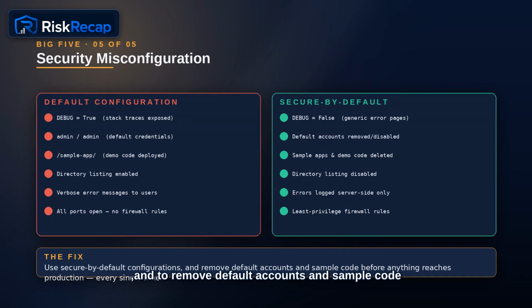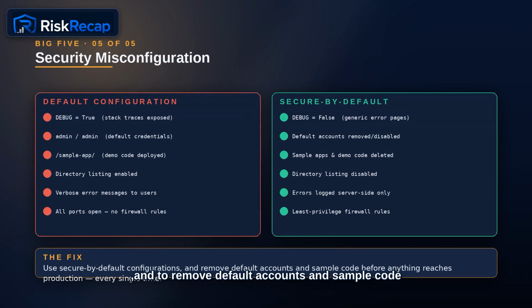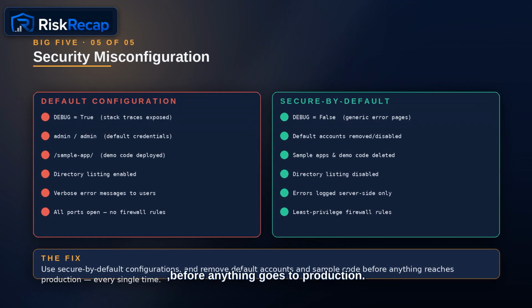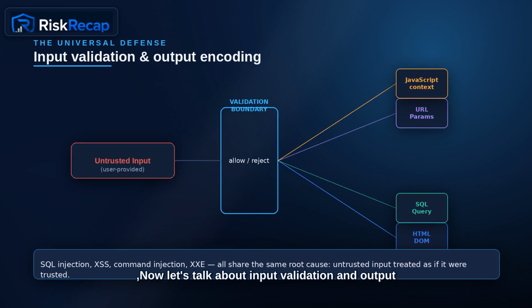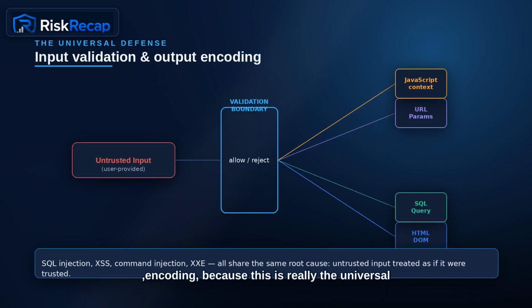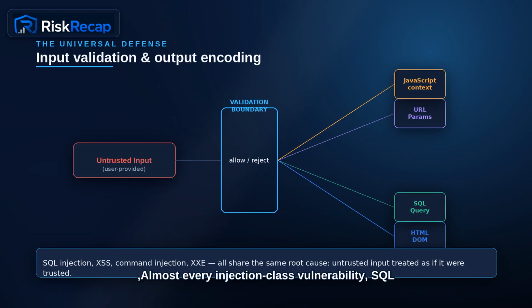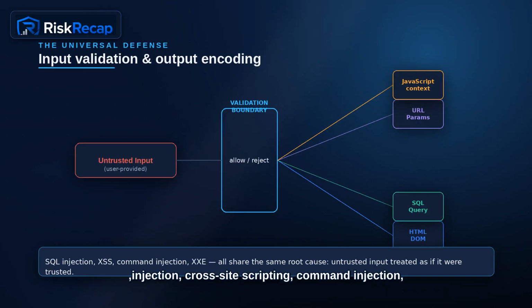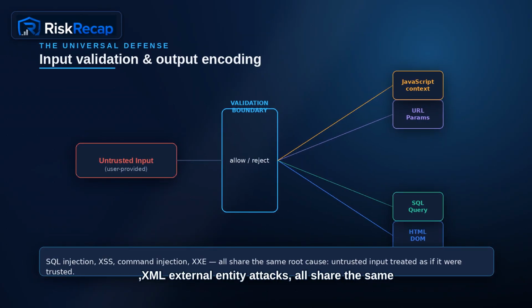Now let's talk about input validation and output encoding, because this is really the universal defense. Almost every injection class vulnerability, SQL injection, cross-site scripting, command injection, XML external entity attacks, all share the same root cause: untrusted input being treated as if it were trusted.